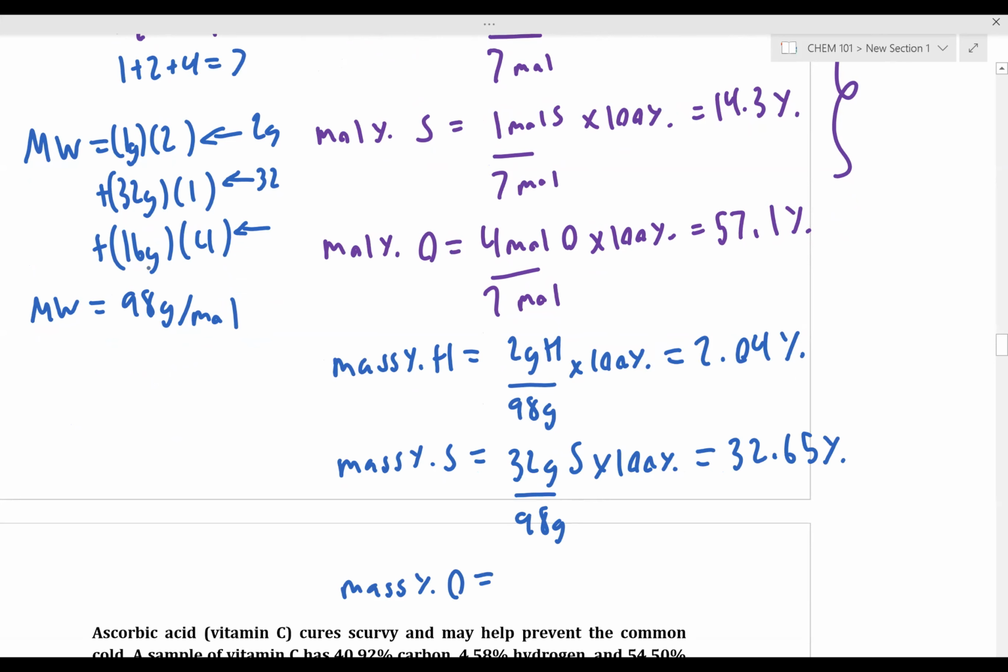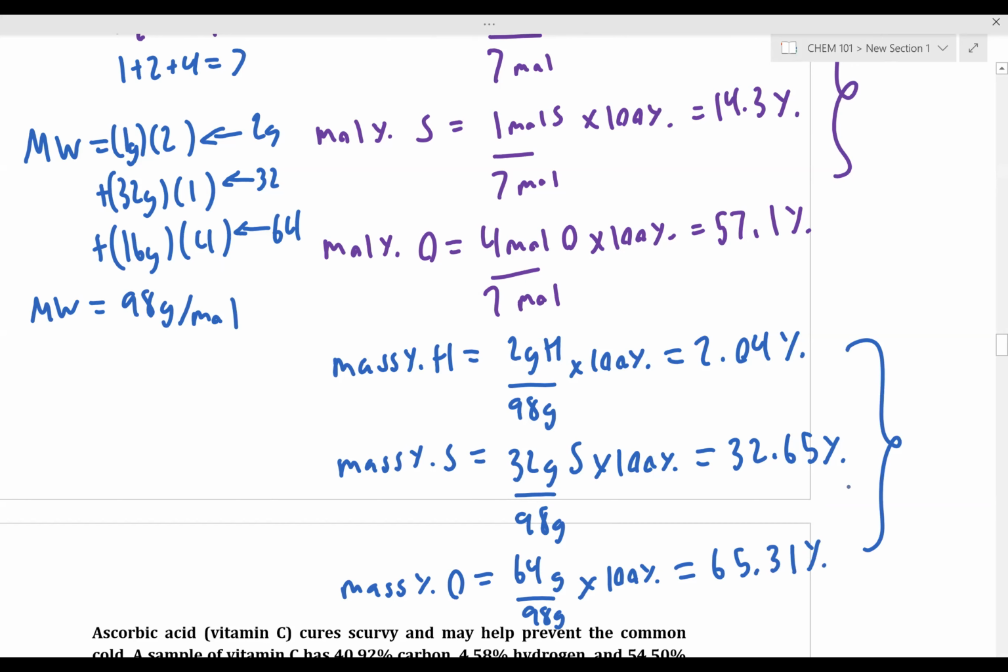And then finally, we can finish off with the mass percentage of oxygen. What's the mass of oxygen? What's 16 times 4? Do we have that already? Yep, exactly. So we're just going to plug in our 64 grams over 98 grams times 100%. So we have 64 over 98 times 100, and that in turn gives us 65.31%.